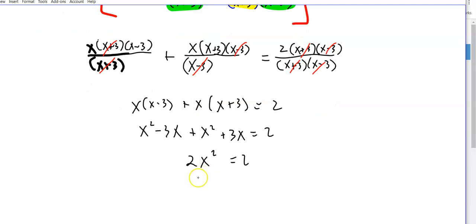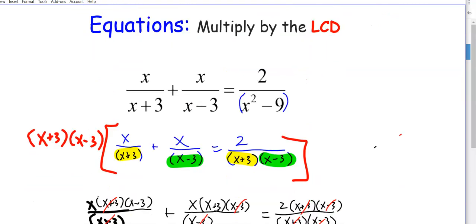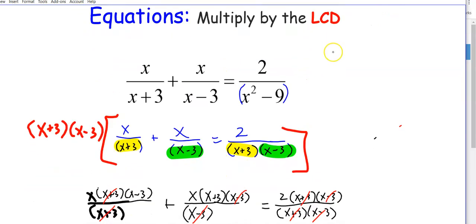The 3x disappears there. Divide by 2, get x squared equals 1. Take the square root of both sides, and don't forget plus or minus. So you get x equals plus or minus 1. So we get two answers there for x, right? x is equal to 1 or negative 1.